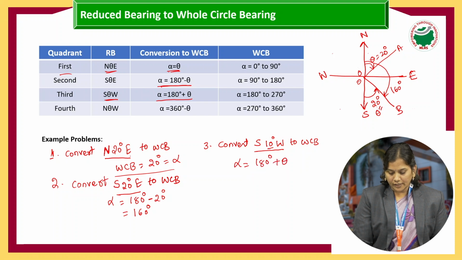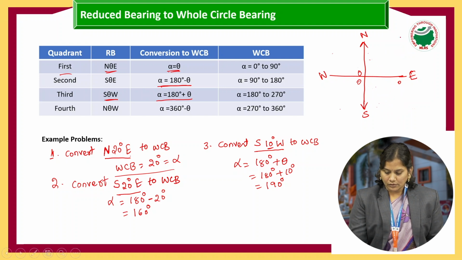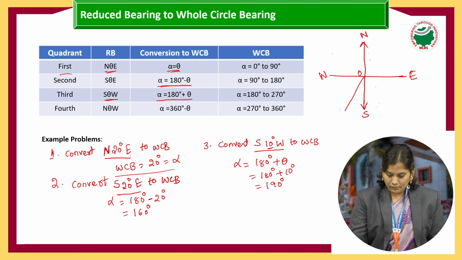Theta is 10 degrees, so 180 degrees plus 10 degrees is 190 degrees. How do you represent the line here? I'll show. This is 10 degrees towards west, and our whole circle bearing is 180 plus this 10 degrees.